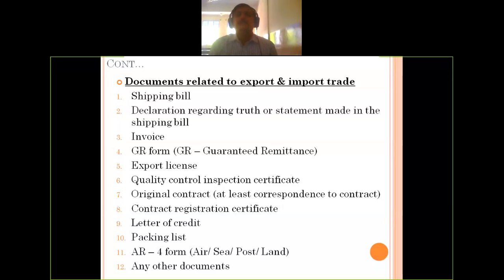Okay. Then the ninth point is about letter of credit. Who's going to give this letter of credit? The banker is going to give. To whom? Is it to the exporter or importer? To the importer. Okay. Because when the importer is making this activity, that much of amount, whatever he has filled in the guaranteed remittance, has to be freezed in the bank account.